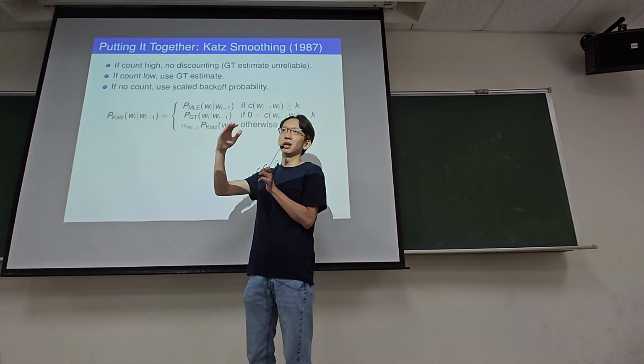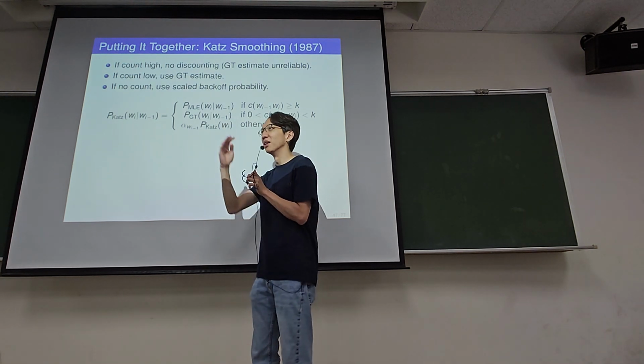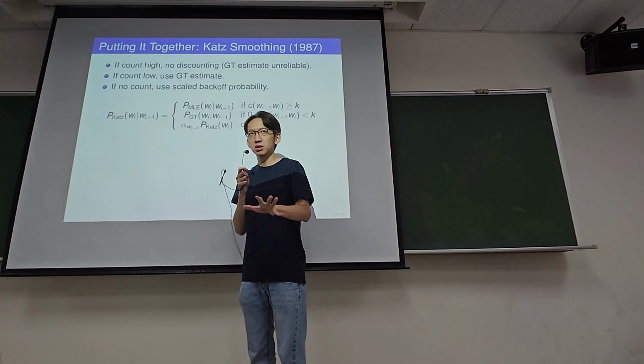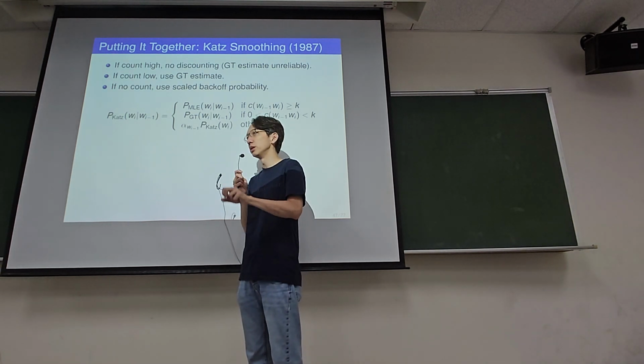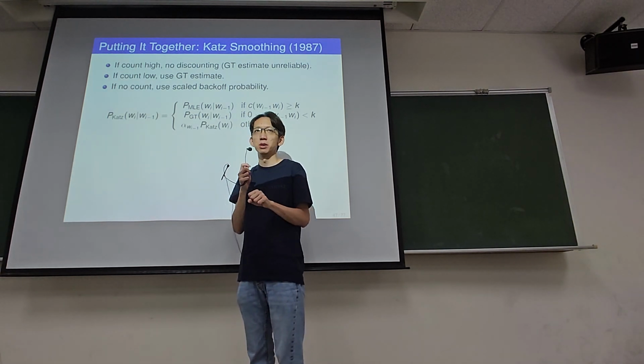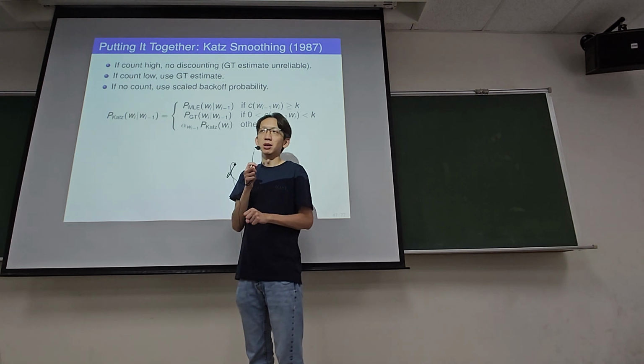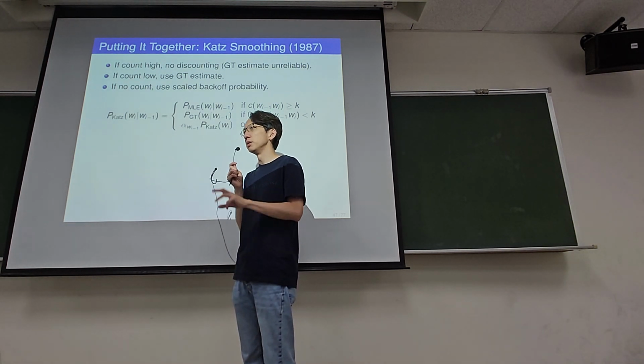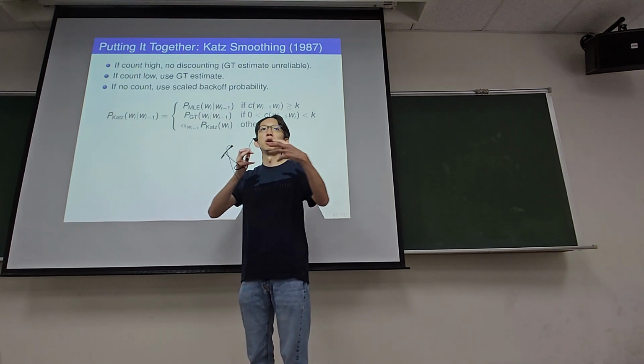Then basically it captures all the good things about everything. So if you have a count of some word that happens a lot of times in the training corpus, just directly use your MLE. If you don't see it enough times, but you do see it a few times, then you try to swap among those few times.